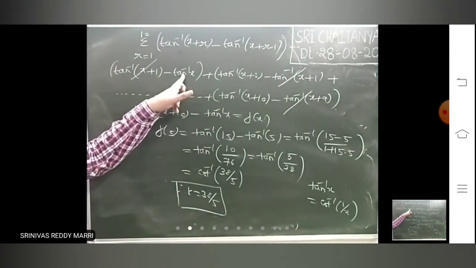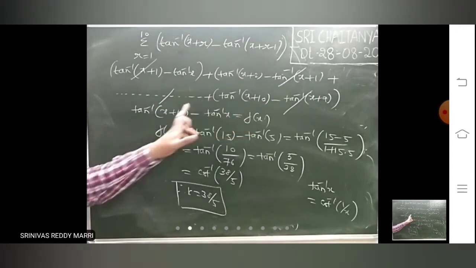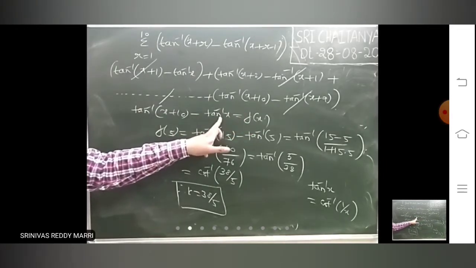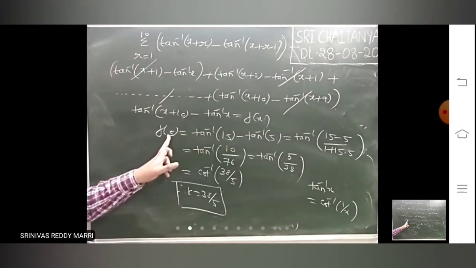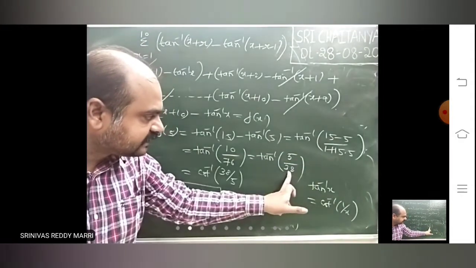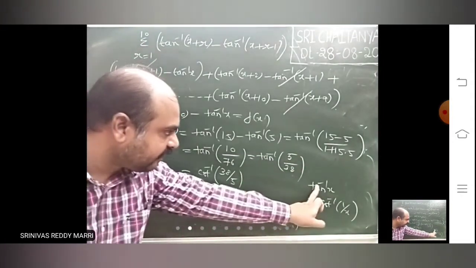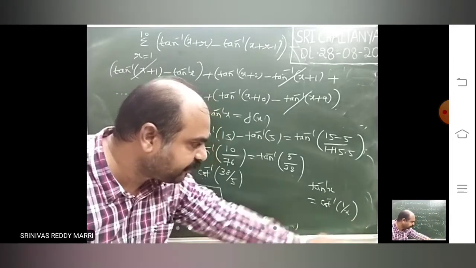Everything will get cancelled, the minus term in the first bracket and the plus term in the last bracket. So this and this will remain. Now write f of 5 directly using tan inverse x minus tan inverse y. You got this one. He is asking in cot inverse. What is tan inverse? Cot inverse 1 by x. Right? Reciprocal.